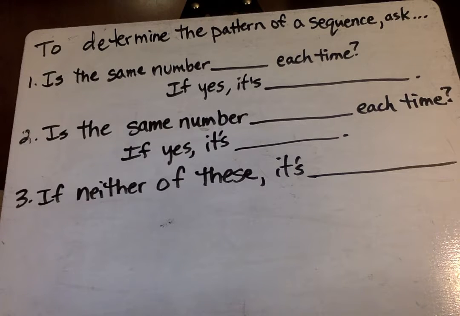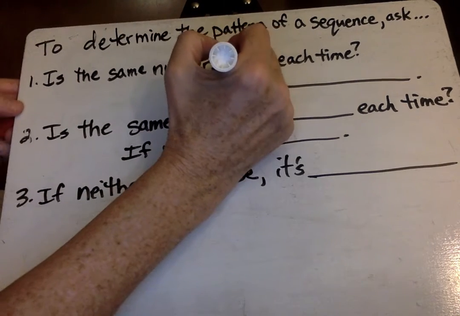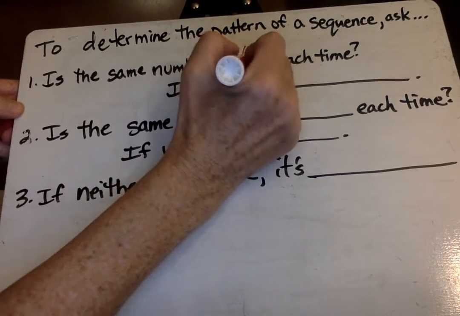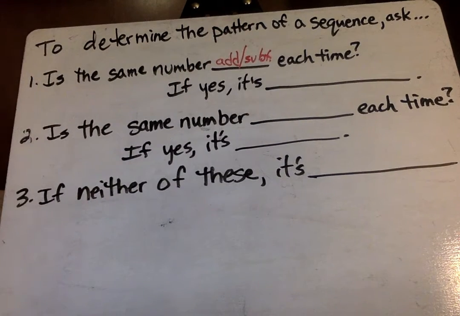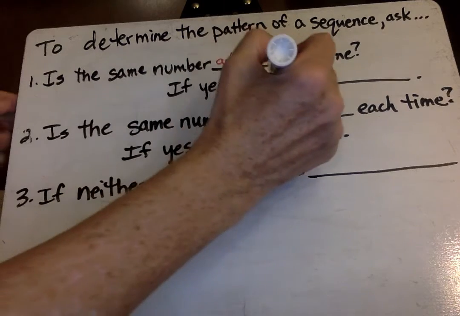Okay. To determine the pattern of a sequence, ask, is the same number added or subtracted each time? If yes, it's arithmetic.